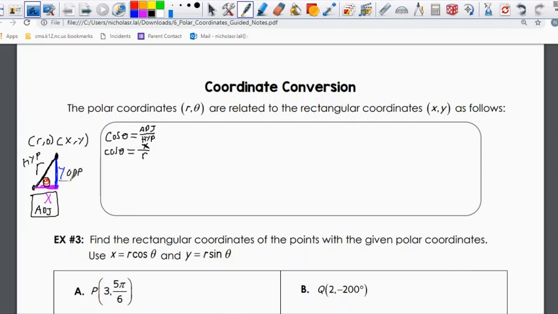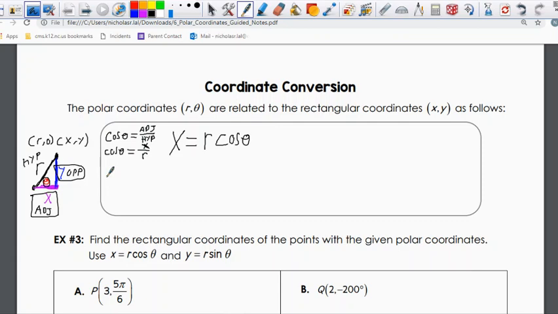X is associated with the adjacent side, y is associated with the opposite side. So the adjacent side is x, the hypotenuse is r. Multiply each side by r, and x is equal to r times the cosine of theta.